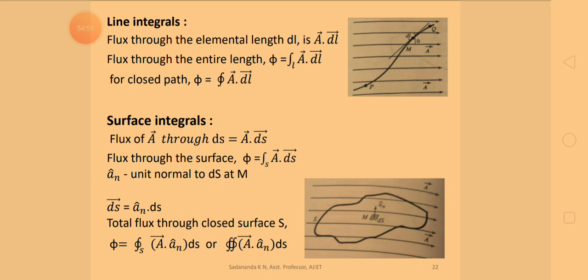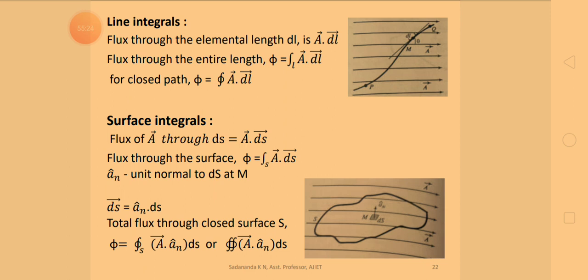The elementary length is dl, that means the length of each elementary division is dl. Now consider one such element whose length is dl at a particular point M, that is also shown in the figure, and draw a tangent to that particular point M. Now which makes an angle theta with the vector A. Then we can evaluate the number of field lines passing through the elemental length dl.